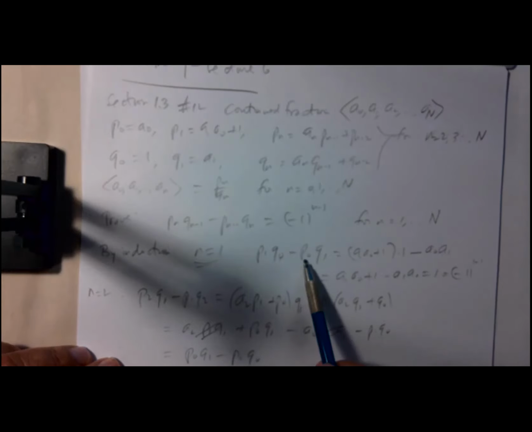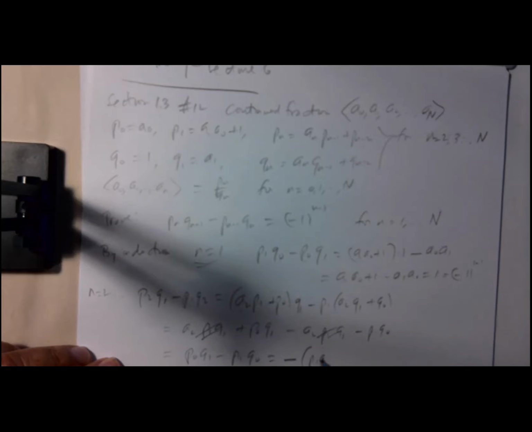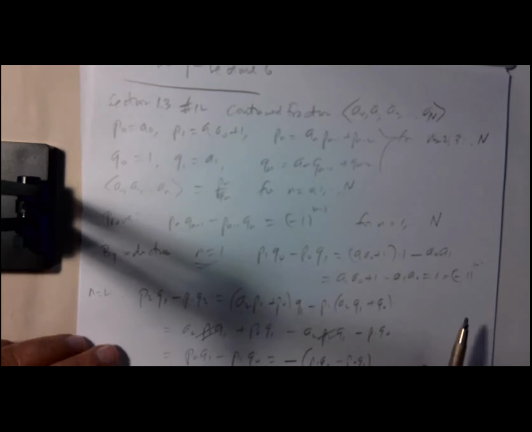which is almost what we had here, except the sign is reversed. So I can write this as minus, P1 Q0 minus P0 Q1. And we saw this is minus 1. That's what I just calculated. Sorry, this is plus 1.